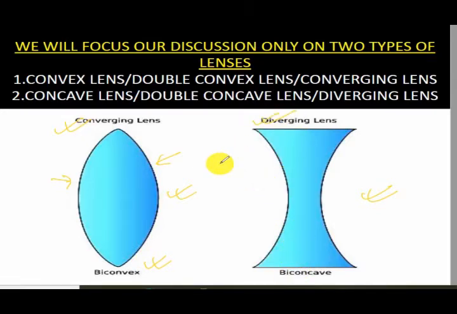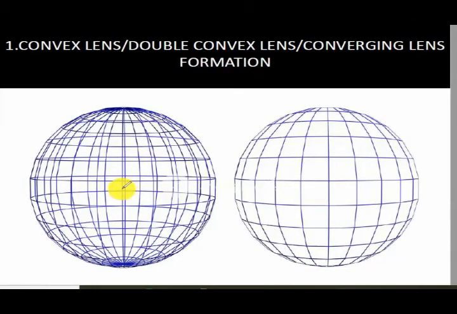So let us see how they are formed. Let us say here is one center, and for this sphere, there is one center. When they don't touch each other, we have a gap. Let us cover this gap with the same material. What type of lens is formed now? Any idea?